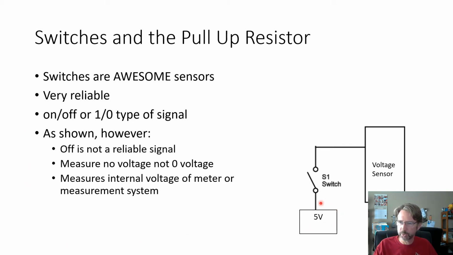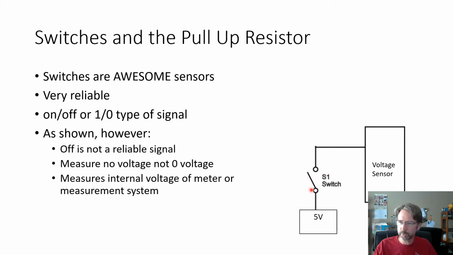We have our switch connected to a voltage source, and we have our data acquisition system over here measuring voltages. So when we close the switch, we should get 5 volts, and that will work fine. But when the switch is open, when it's disconnected here, most voltmeters will read 0 volts, but most data acquisition systems won't necessarily get that response.